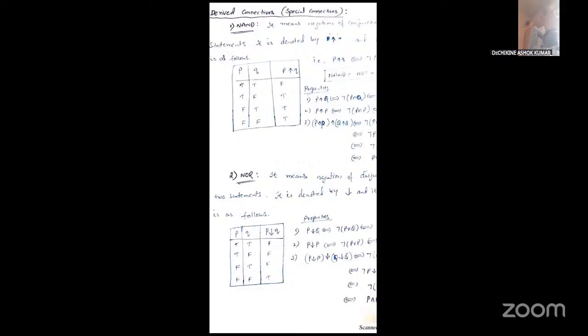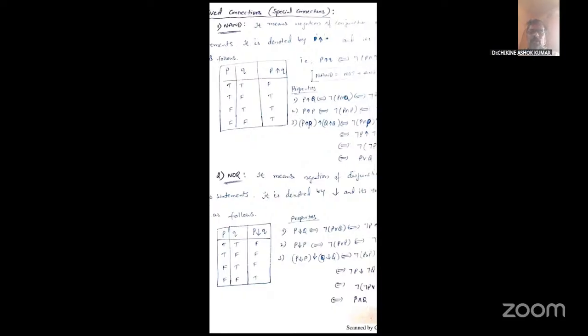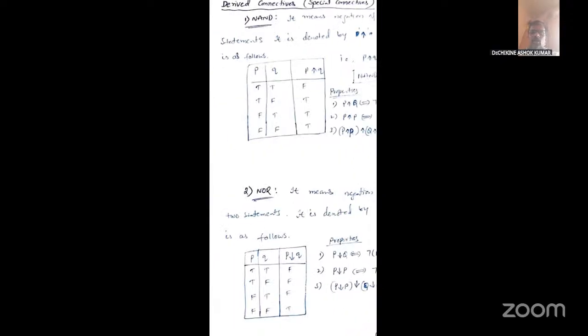Day before yesterday we discussed negation, conjunction, disjunction, conditional, biconditional. These are the NOR and NAND. They are quite opposite of AND, that is the intersection or conjunction table, and quite opposite of OR, that means the disjunction table. Coming to the first, NAND means negation of the conjunction of the statements.